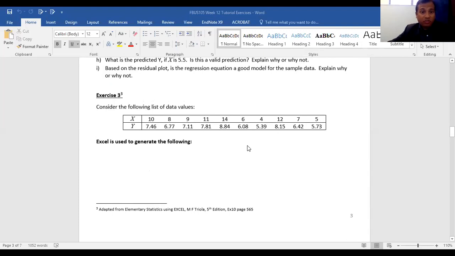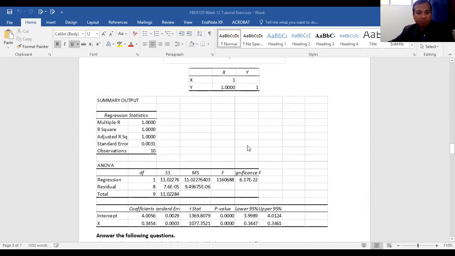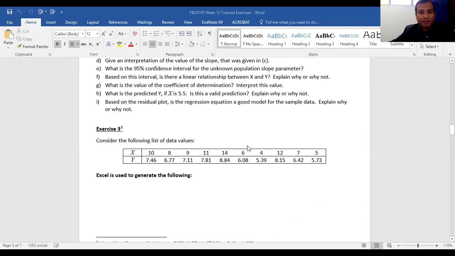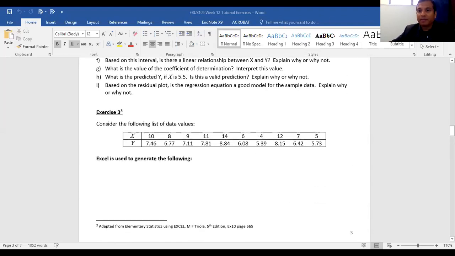Excel is used to generate the following. Can we jump to the Excel sheet? Where is the Excel sheet?